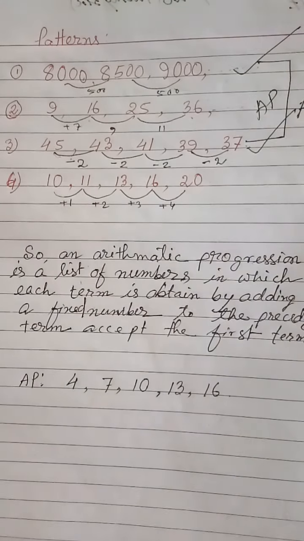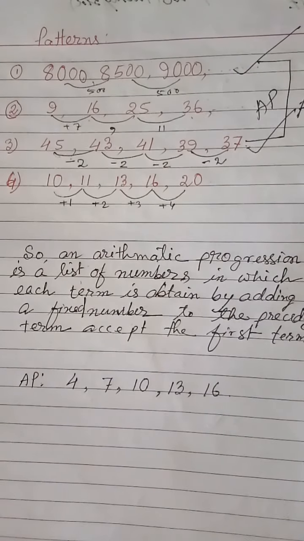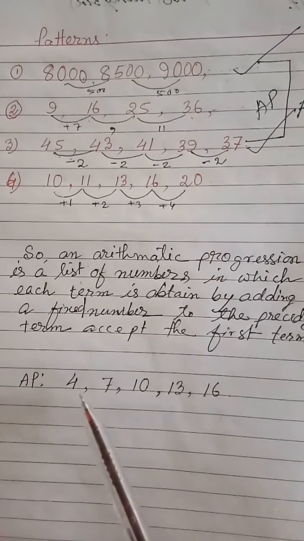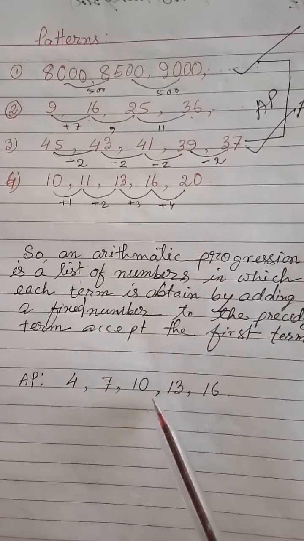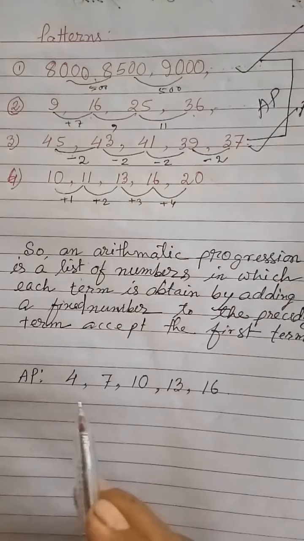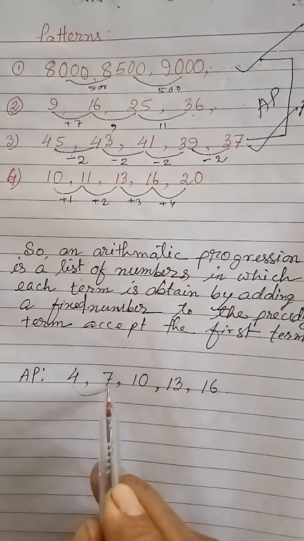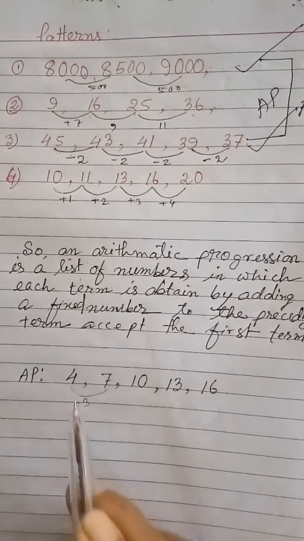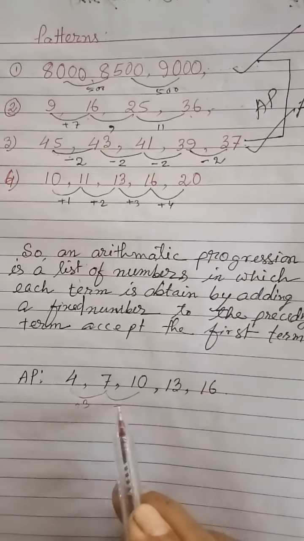Now I'll show you some basic notation which you have to know to solve the problems in this chapter. This is an example of an arithmetic progression and it is increased by 3. 7 to 10, it is also increased by 3.